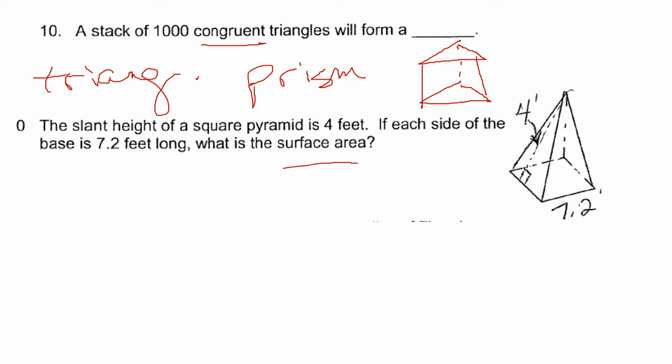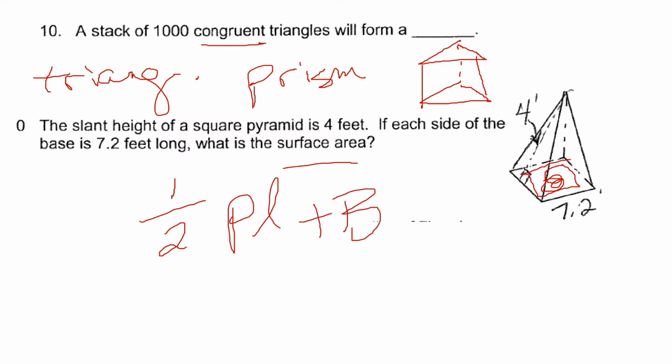Alright, surface area. The formula for the surface area of it's only got one base. That's a pyramid. So 1/2 perimeter times slant height plus 1 big B. Alright, start with your height again, like we did before. The 4 is that slant height, height is height.